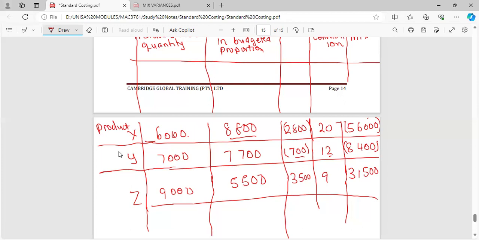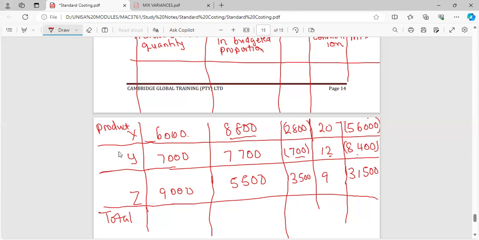So at the end, you should have your total variance. So which means I think we have more adverse here. So let's add the adverse and subtract the favorable. Then we'll have the adverse.